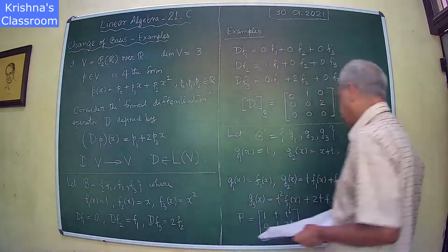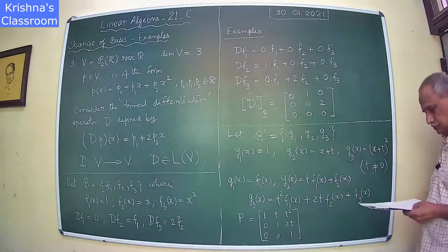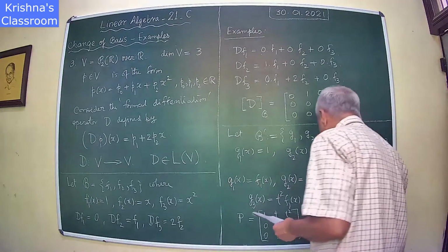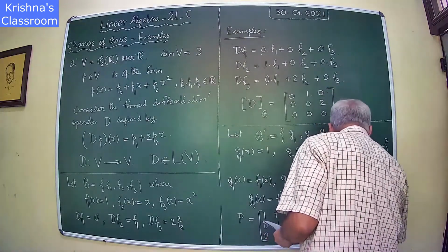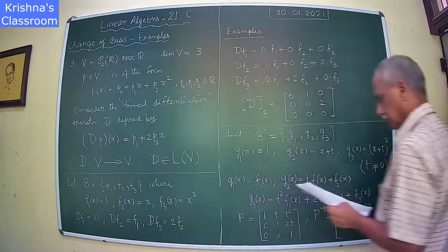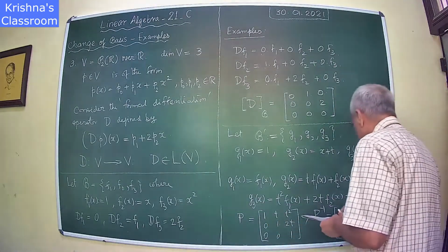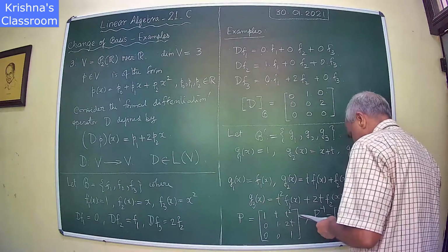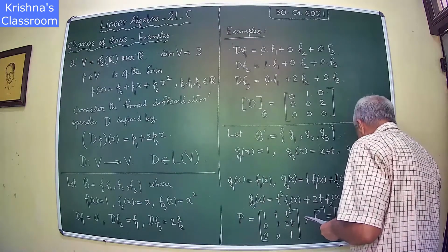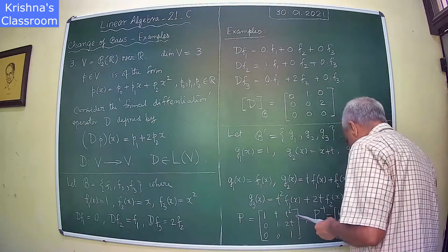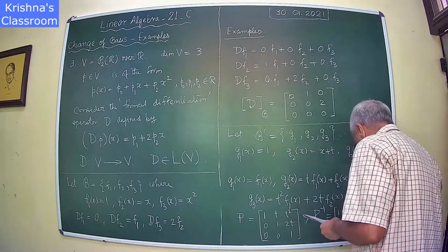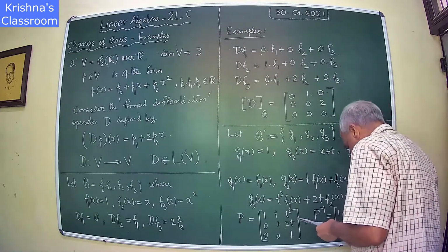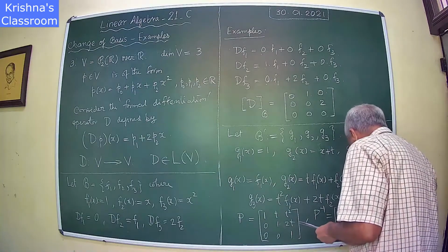This is P. Now P is invertible clearly. Now P inverse works out to be, this is easy to compute, 1, minus t, t square, 0, 1, minus 2t, 0, 0, 1.